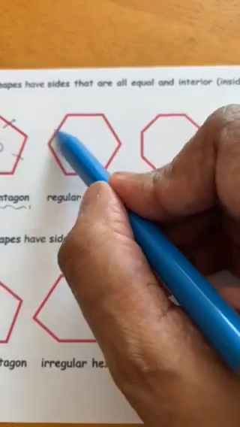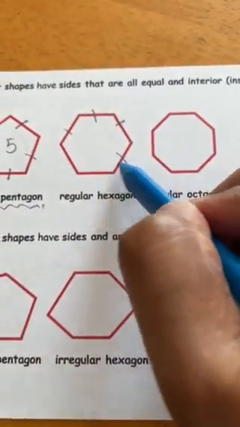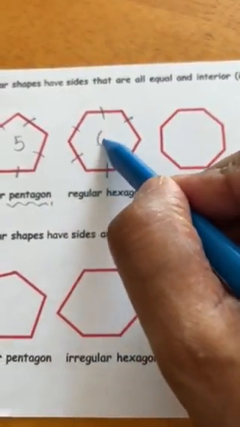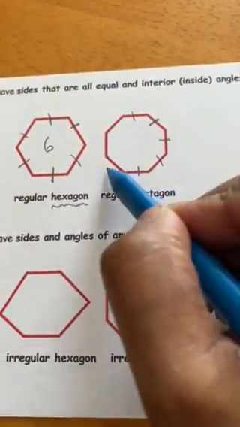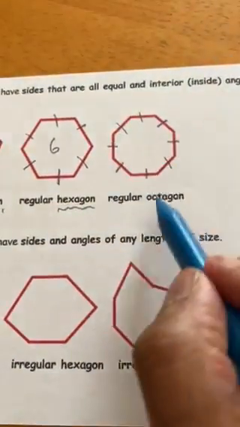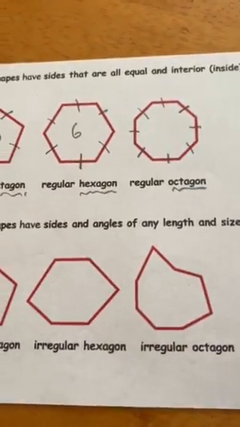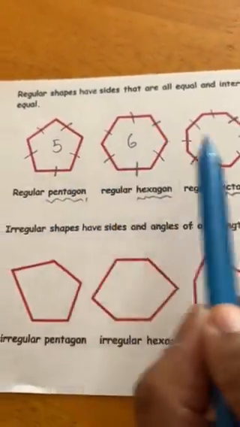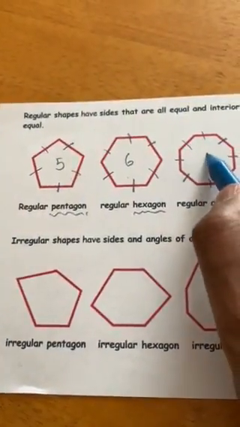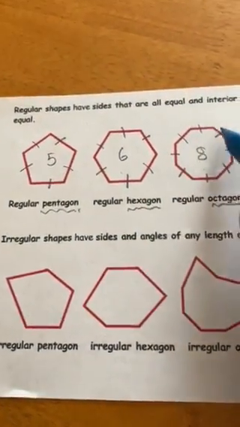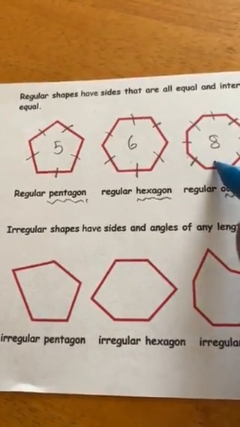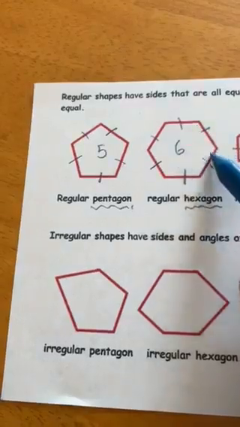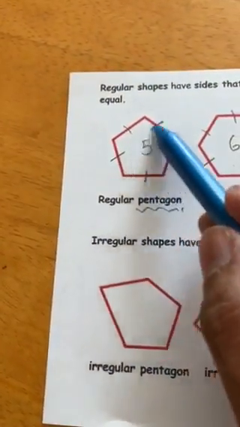The next one, 1, 2, 3, 4, 5, 6 sides, which we know is a hexagon. 1, 2, 3, 4, 5, 6, 7, 8 sides, which is an octagon. Now, what is very special about these 3 shapes is that each side is the same length. So all 8 sides here are the same length, all 6 sides are the same length, and all 5 sides are the same length.